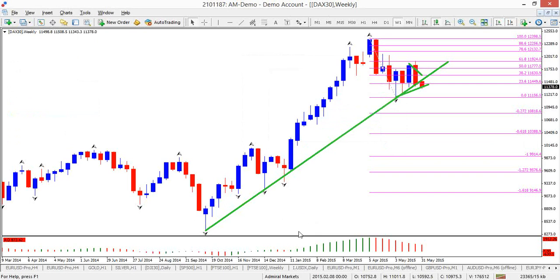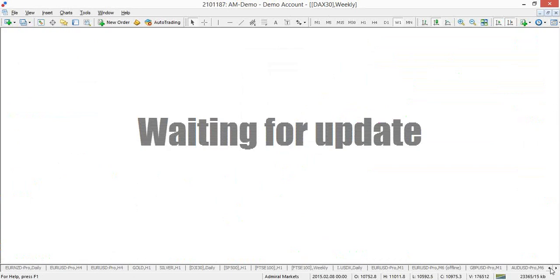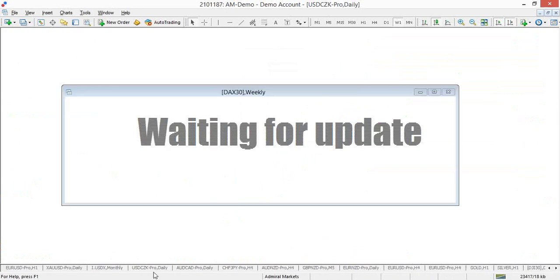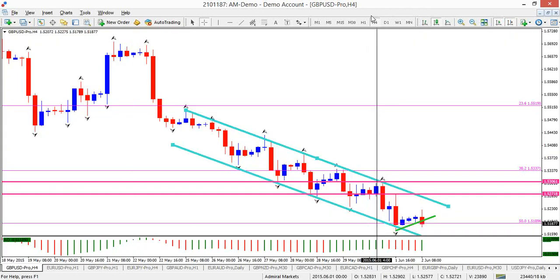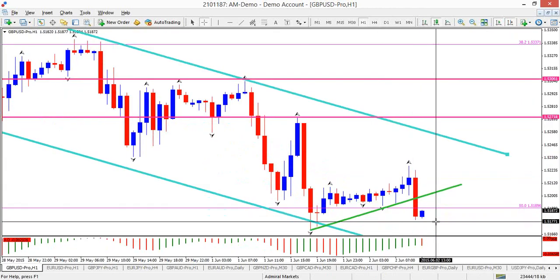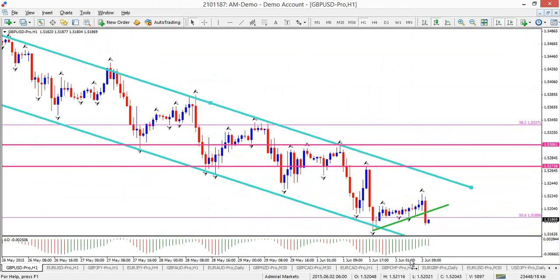Alrighty, so let's take a quick look at pound dollar. Yep, it's already a break just before the news, or 30 minutes before the news already, indeed.